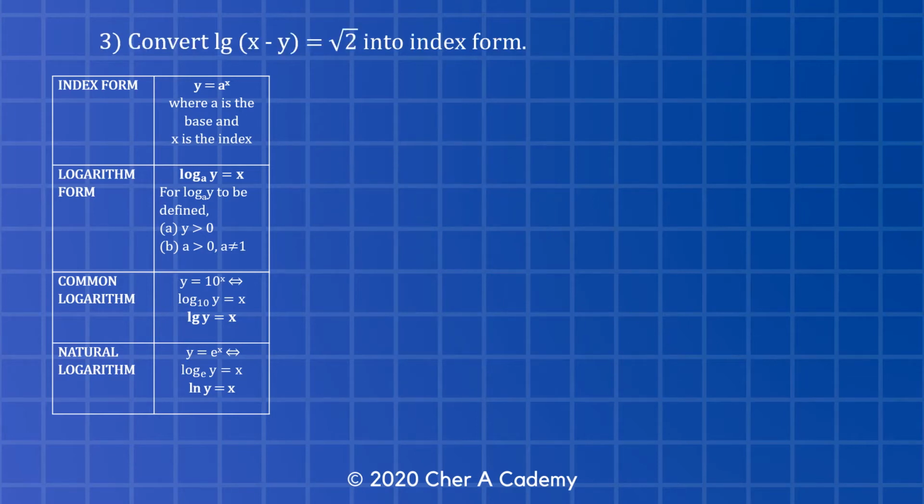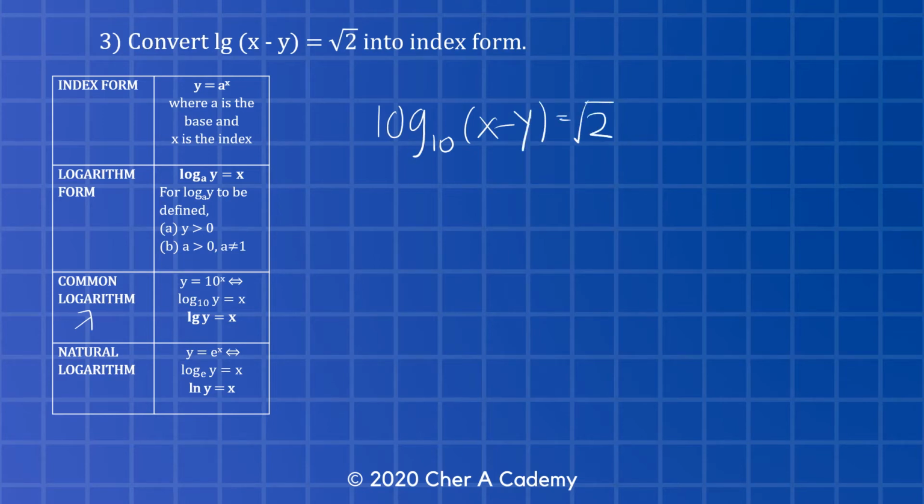Question 3. Convert lg(x minus y) is equals to square root 2 into index form. So this question is testing you on your knowledge of the common log. So when we see lg, it means log base 10. And we are going to log x minus y, which is equals to square root 2.